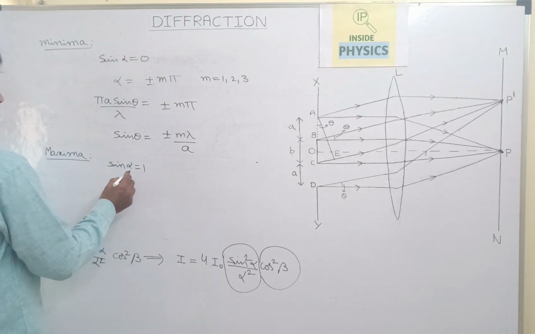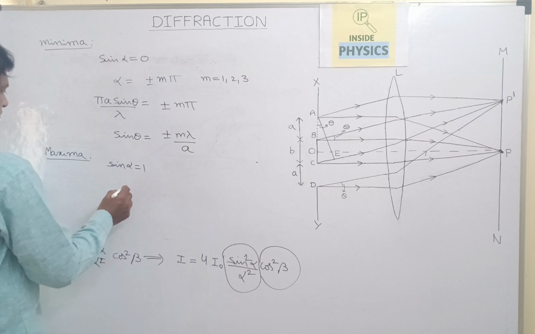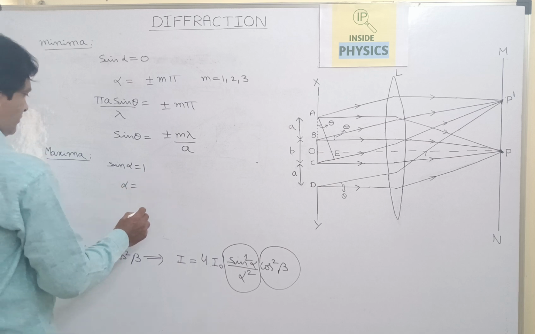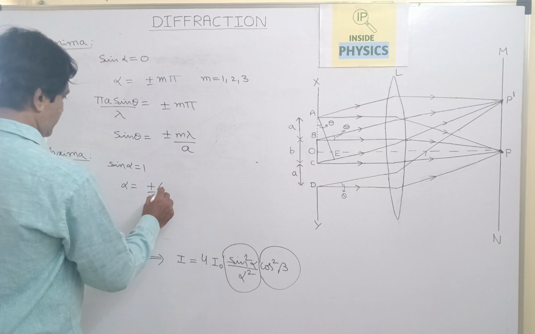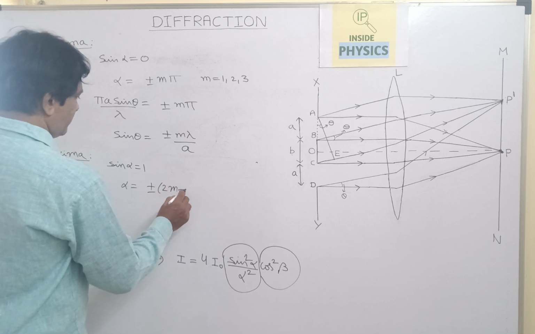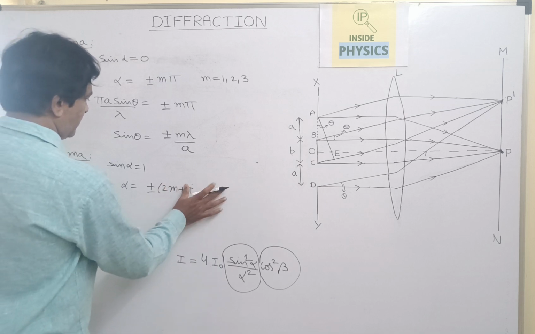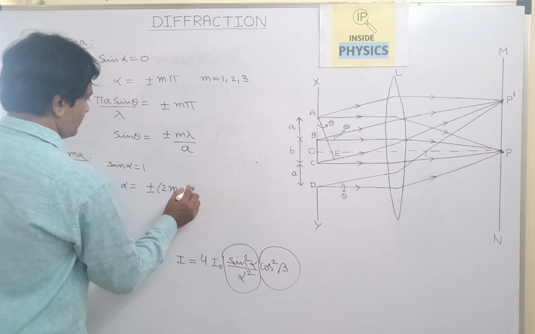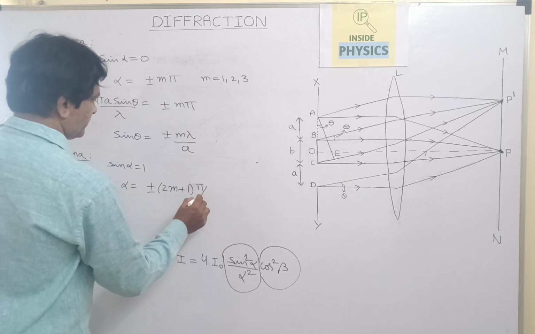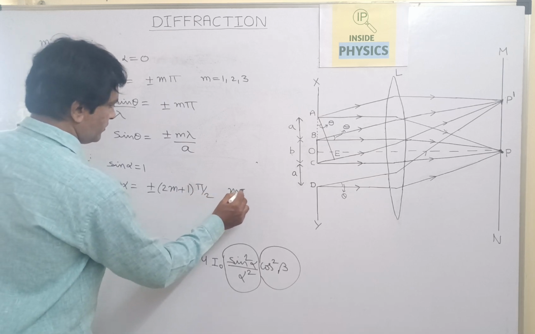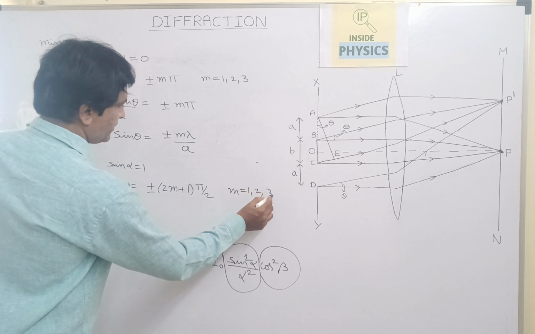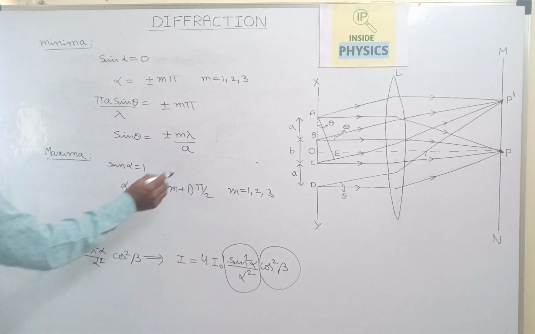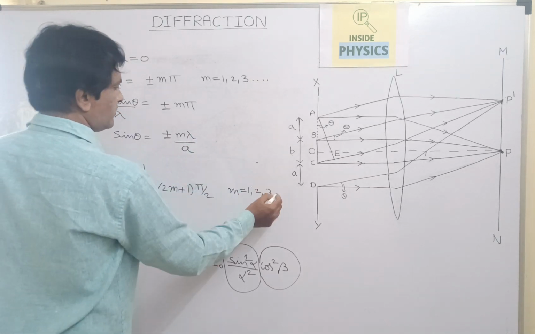So if sine alpha is equal to 1, what must the alpha values be? This is equal to odd integral multiples of pi by 2, where m is equal to 1, 2, 3 and so on, but not 0.